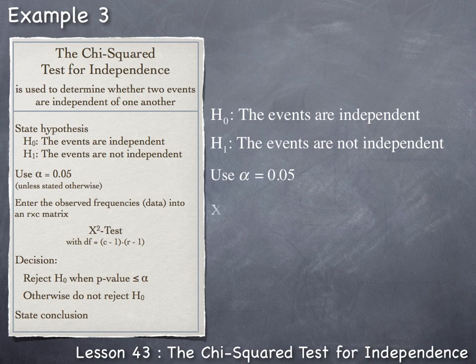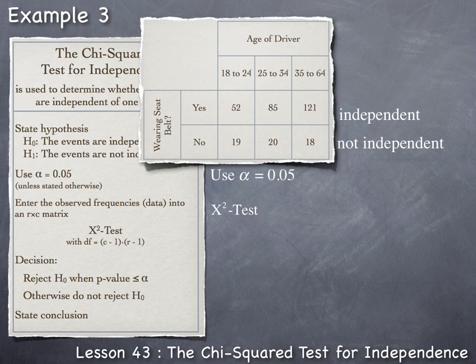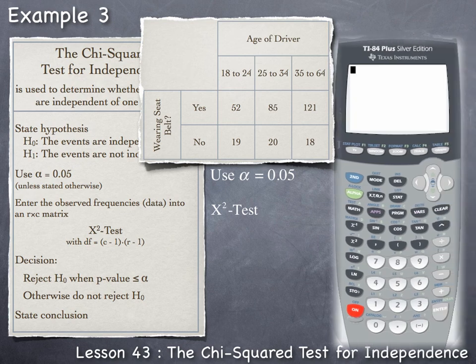Next, we can use the chi-square test command on the TI-84 calculator to calculate the p-value required to reach the decision. But first, we need to enter the observed frequency data into an R/C matrix in the TI-84 calculator. So, referring to the contingency table, which displays the observed frequencies, we can then enter the results in a matrix by pressing Second, Matrix, arrow over to Edit, press Enter to select.